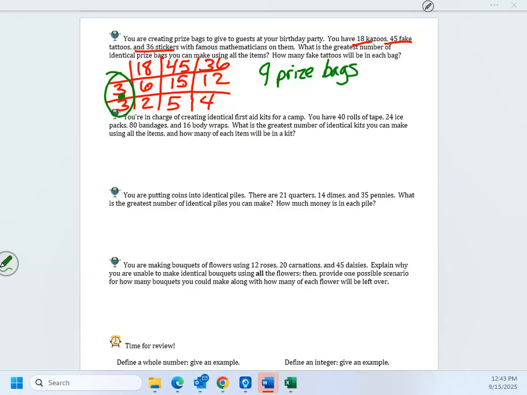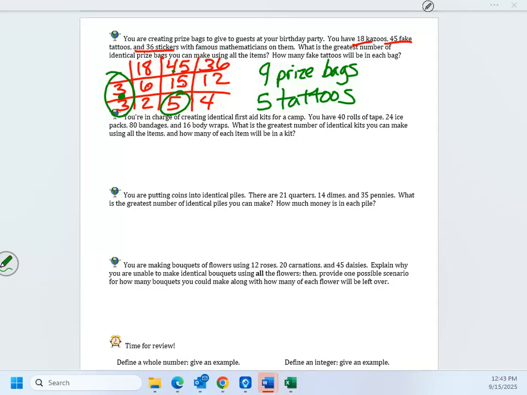Now it says, how many fake tattoos will be in each bag? Finley? Do 45 divided by 9. Do 5. Yep. So 5 tattoos. So Finley said there are 45 fake tattoos, there are 9 bags, so 45 divided by 9 was 5 tattoos.